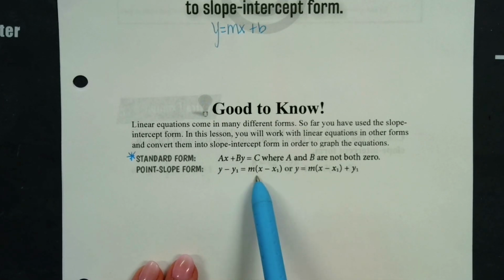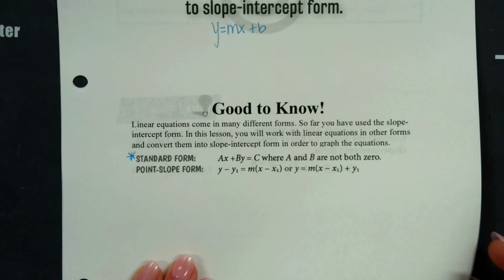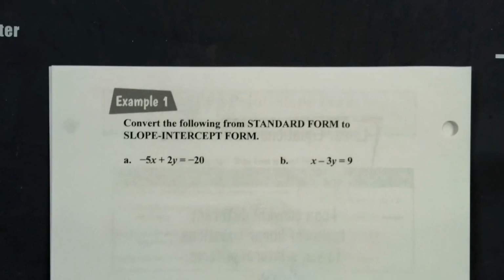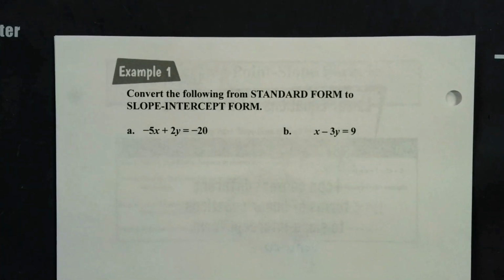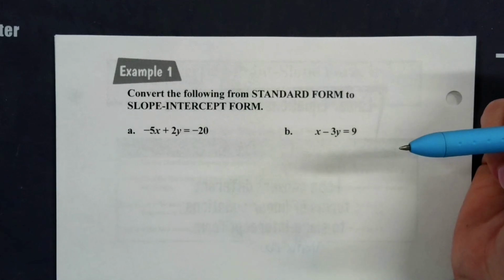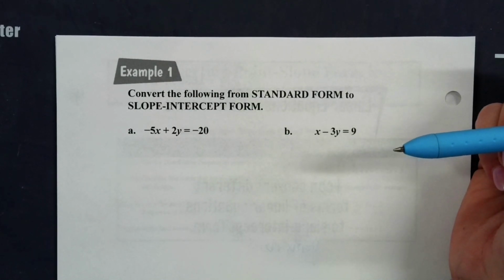This is something you will see in algebra a lot next year. These two right here are standard form. The whole goal of Content Objective 4 is converting it to slope-intercept form every time.